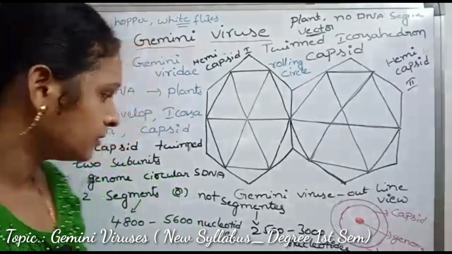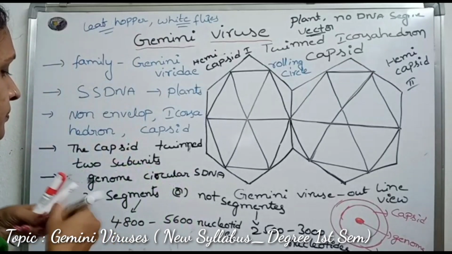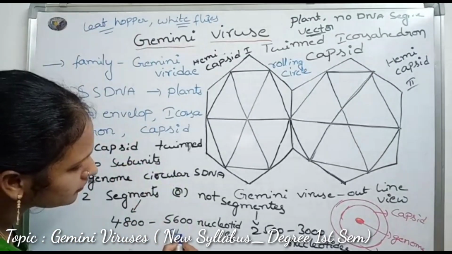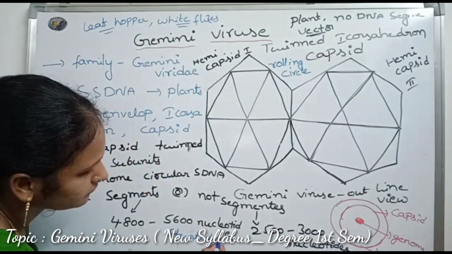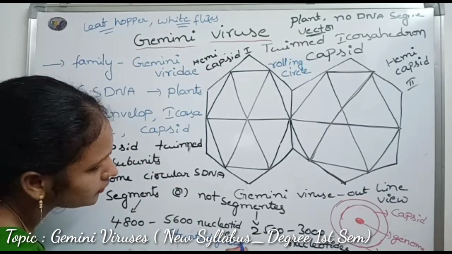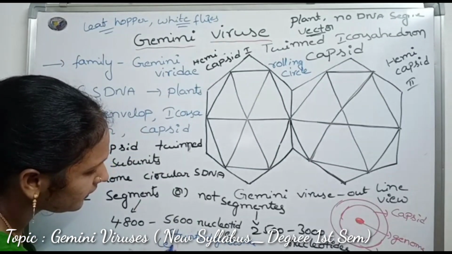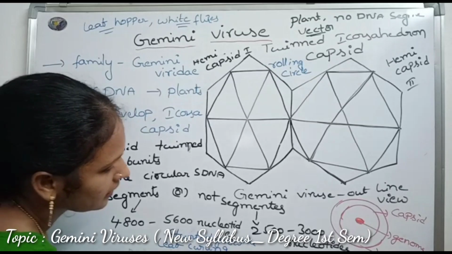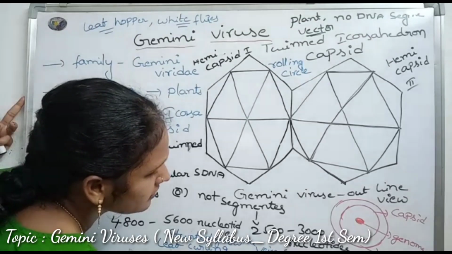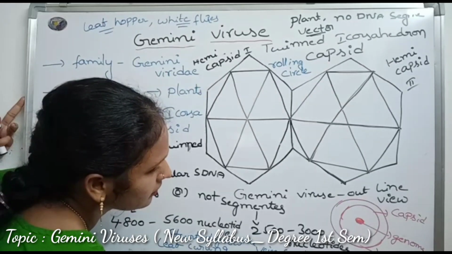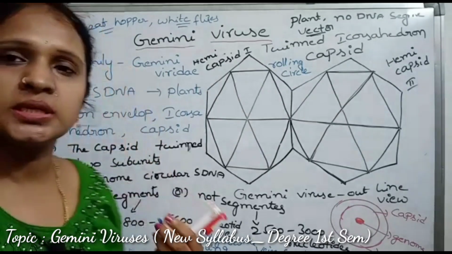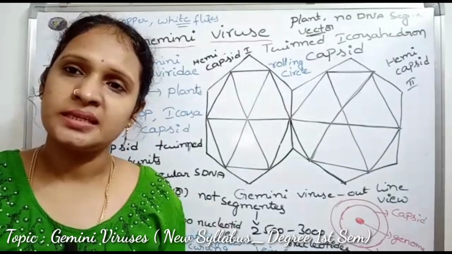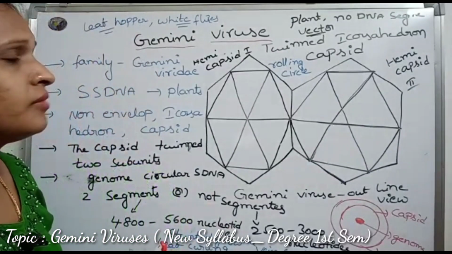So the symptoms are stunted growth, leaf curling, vein swelling, bright yellow mosaic and yellow mottle. These are the symptoms of the Gemini viruses.